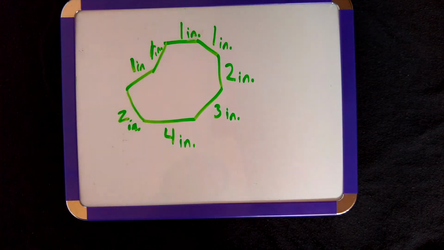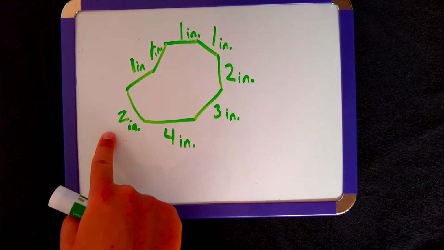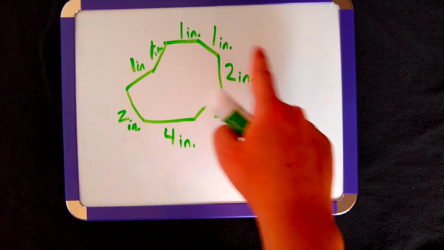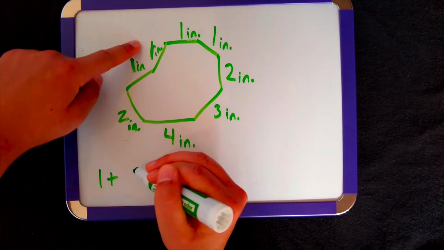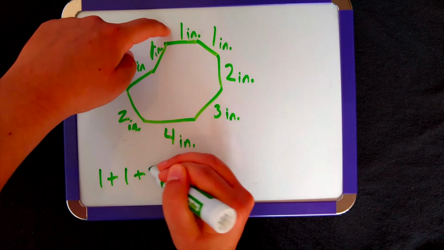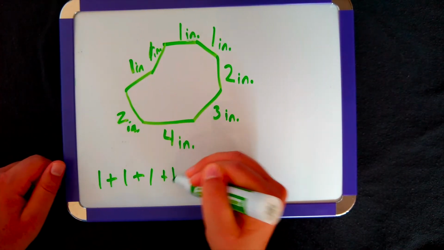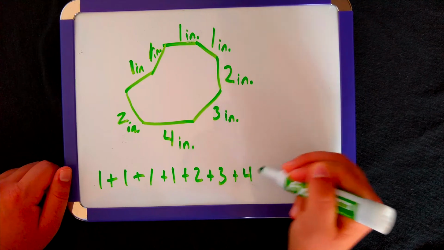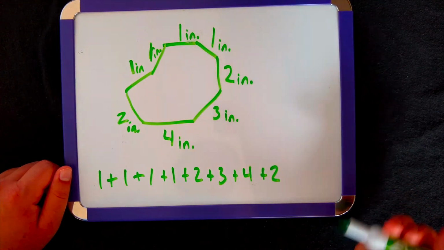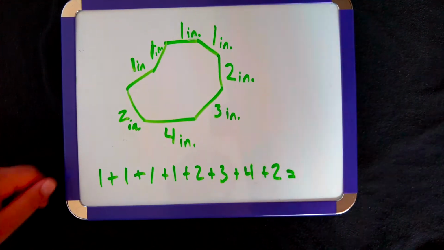Now, to find the perimeter of this octagon, we'll need to add together all the sides of this shape. So we have 1 plus another 1, and one more 1, plus 2, plus 3, plus 4, plus 2. And these are all in inches.